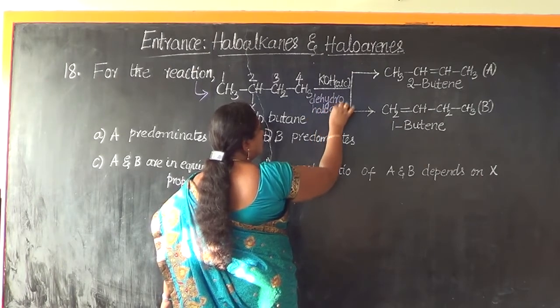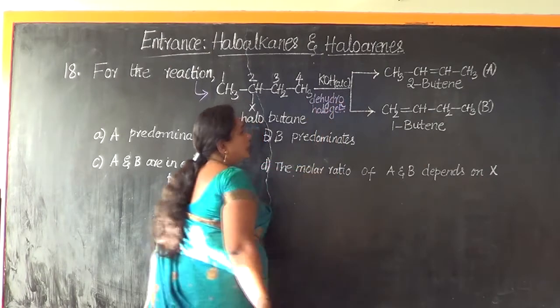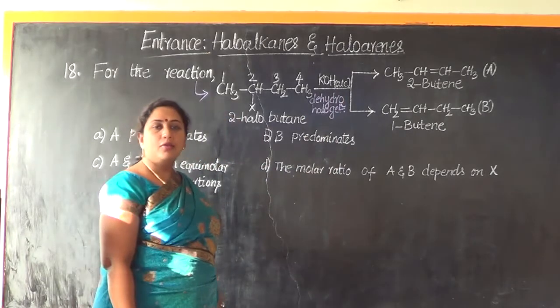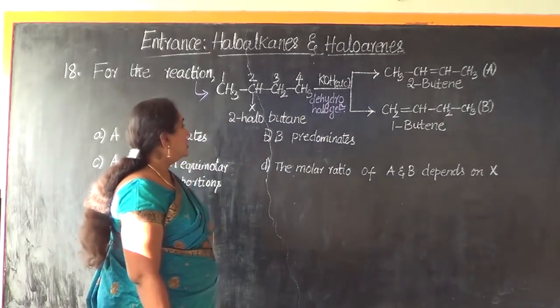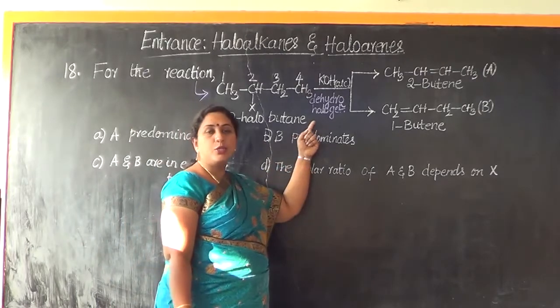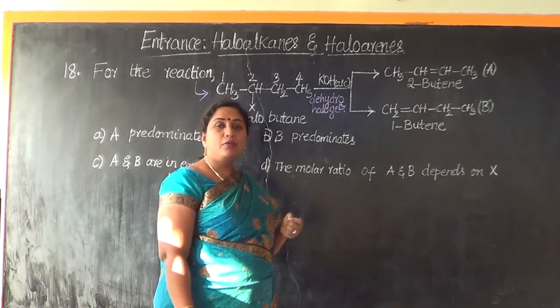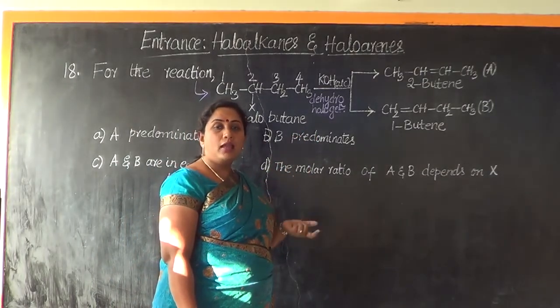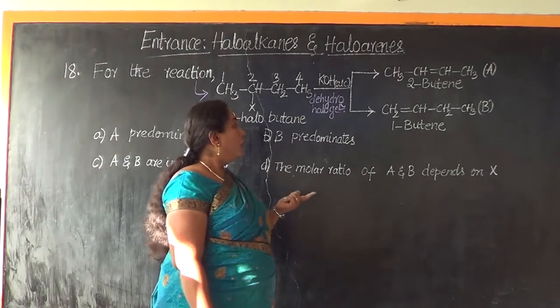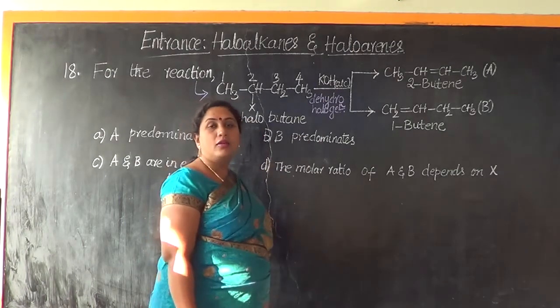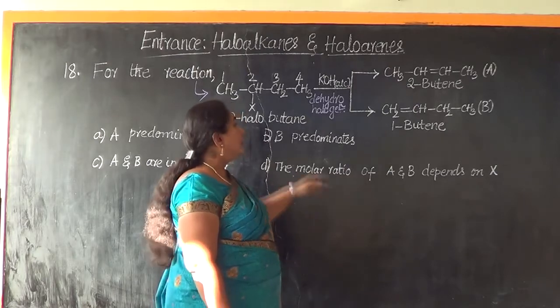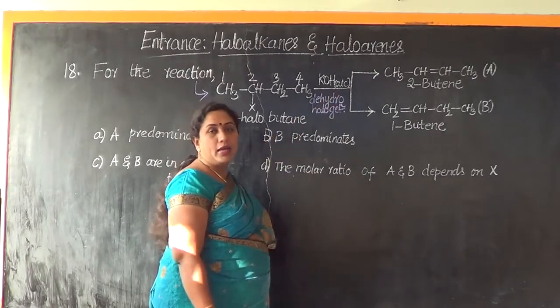So the process that is being carried out is dehydrohalogenation. What is a dehydrohalogenation reaction? It is a process of removal of a hydrogen halide from an alkyl halide when the haloalkane or the alkyl halide is treated with alcoholic potash.